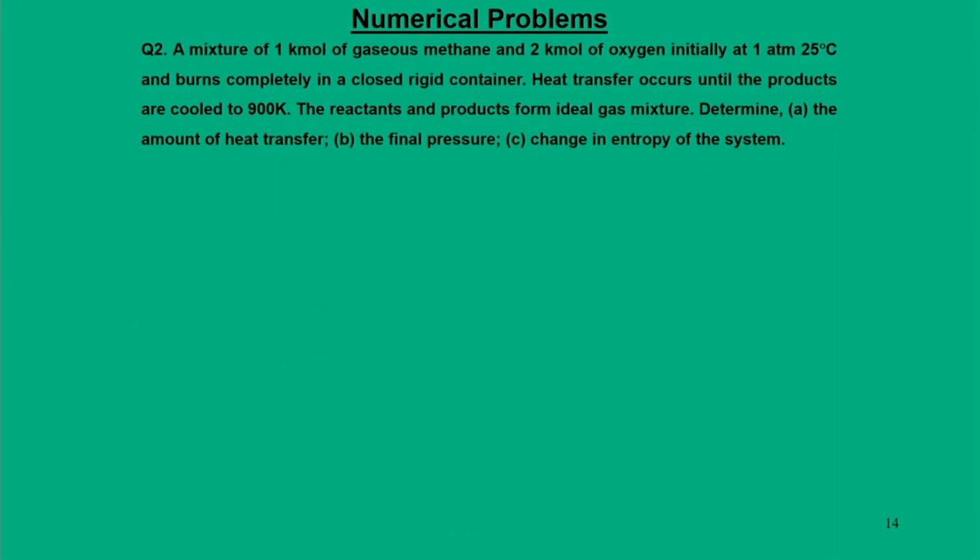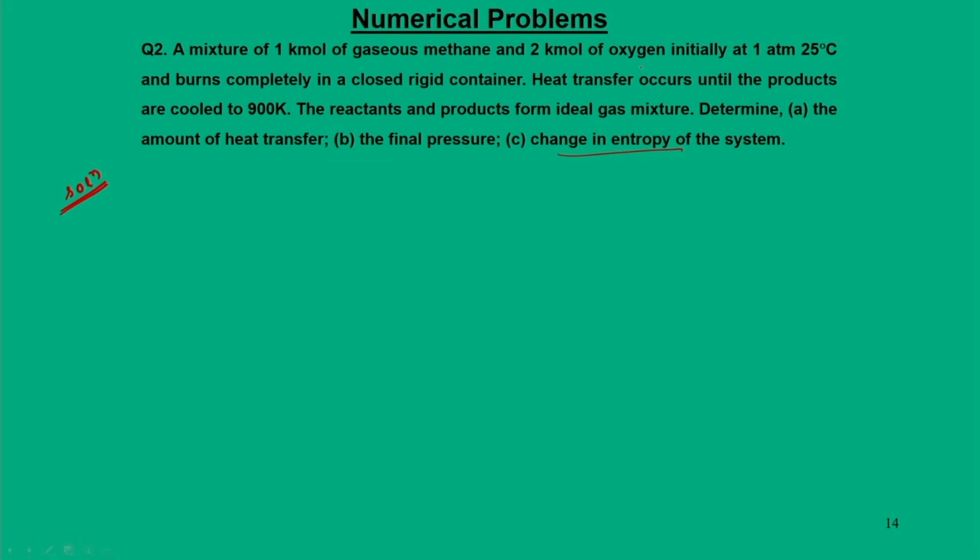Now, the next question we are going to solve is about the entropy evaluation during a reaction process. This problem will give you an understanding of entropy evaluation in a closed system. To do that, let us first find the reaction.